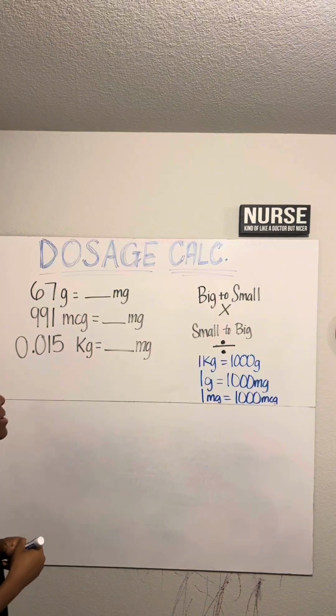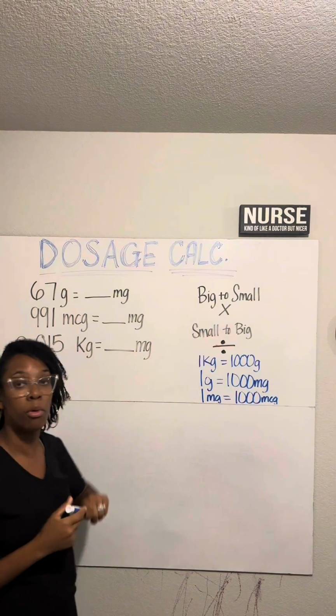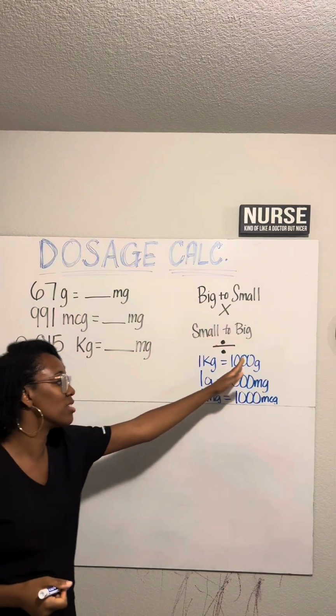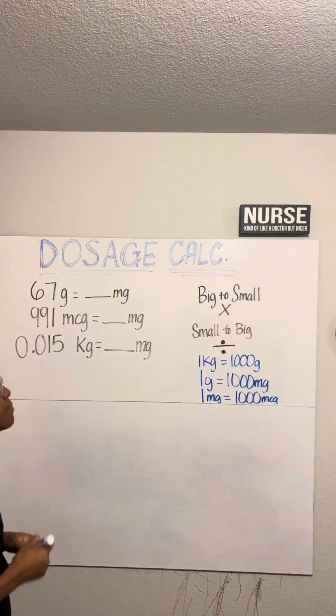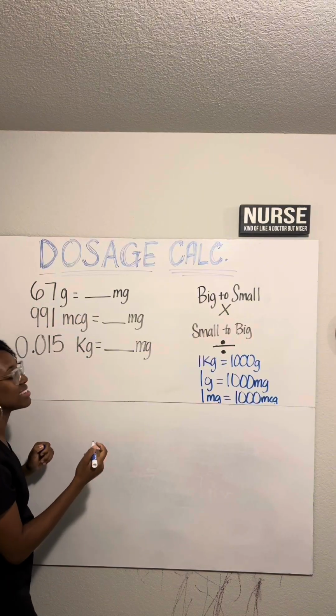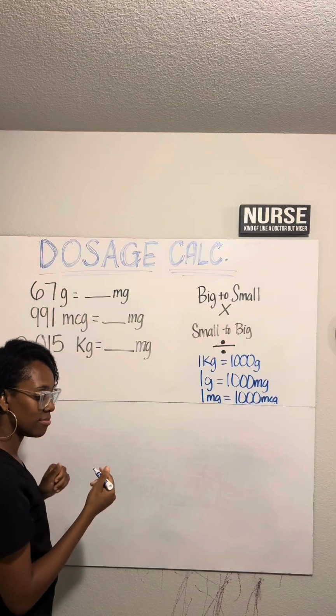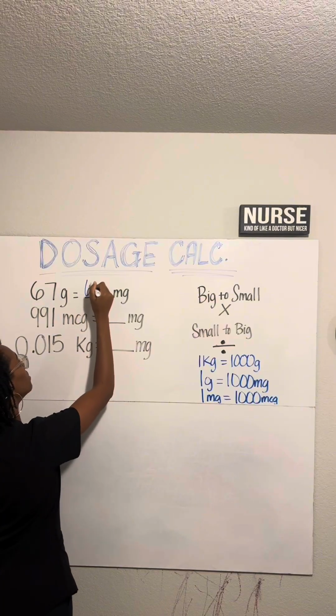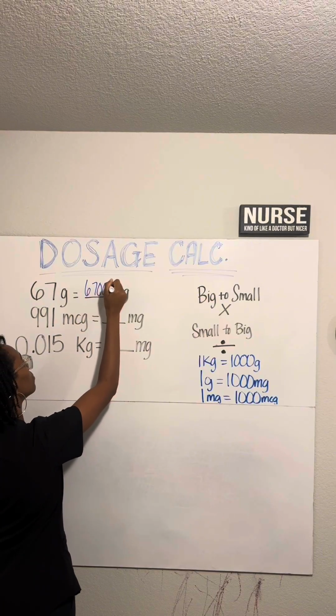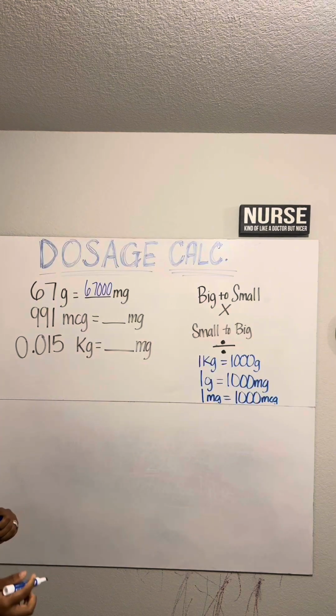So what's going to happen is that we're going to be multiplying simply, because it says multiply, by 1,000. Notice that everything is by 1,000. So if we multiply 67 times 1,000, we should get a total of 67,000.